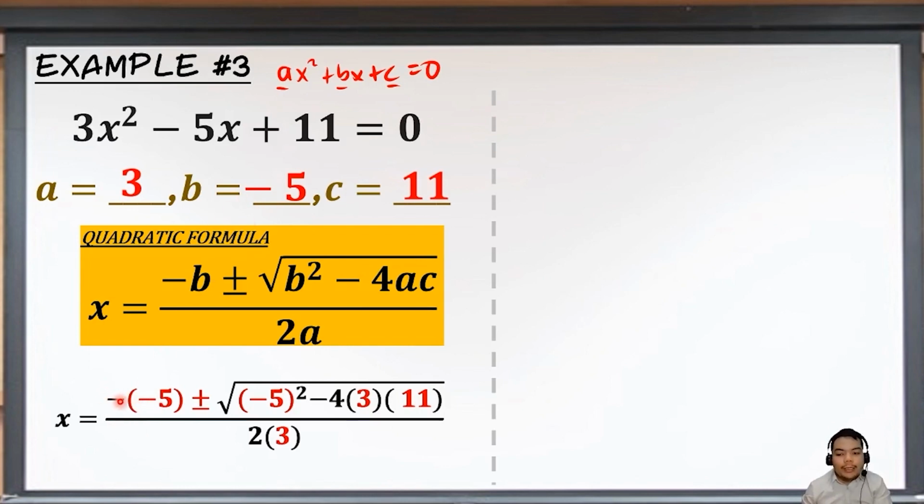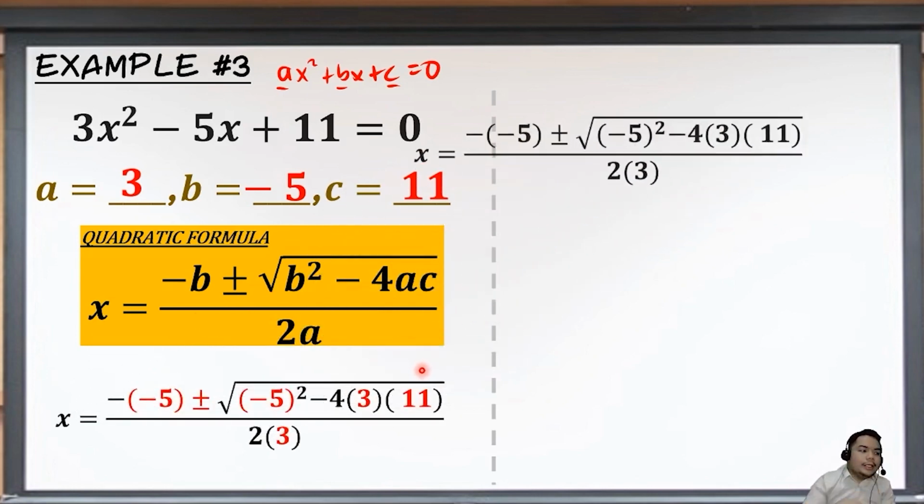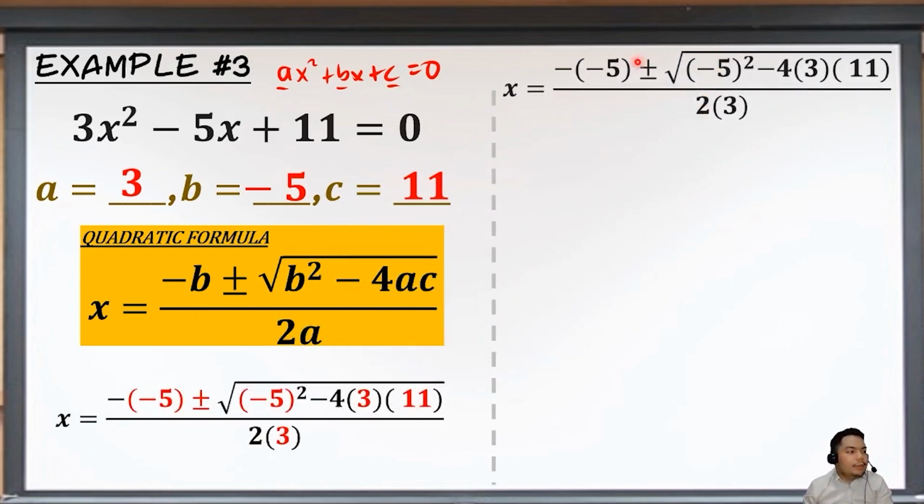Isusulat mo pa rin yung negative sign sa labas kasi nasa formula yon. Yan, you will just copy everything. So, katulad nung ginagawa ko, pwede mo na lang basta magsulat ka ng nakablanko na sila. Then, sulat mo yung nakablanko na yung mga letters and all you need to do is to input the values. So, magandang strategy yon. So, from that, we'll take this one as the formula or the given values.